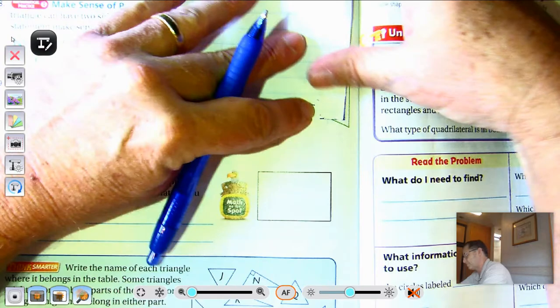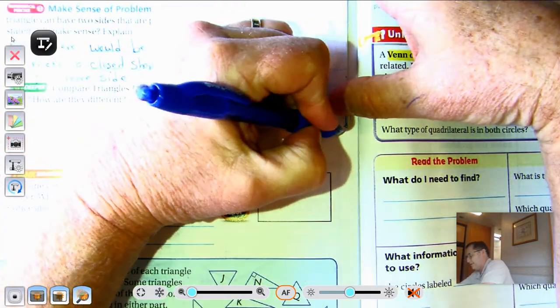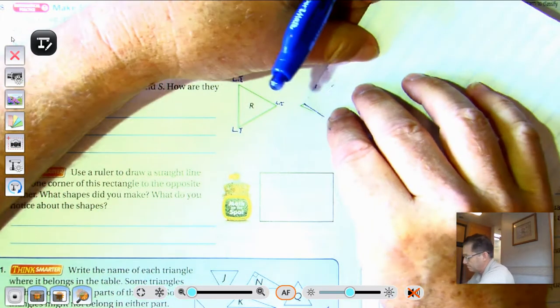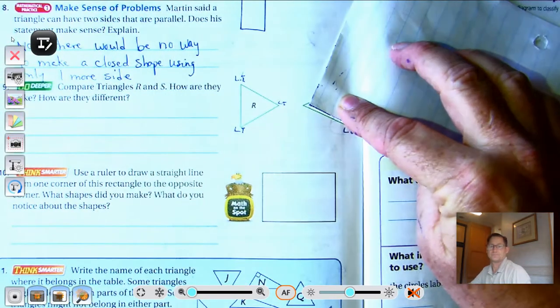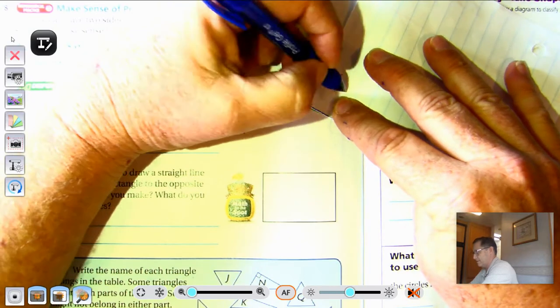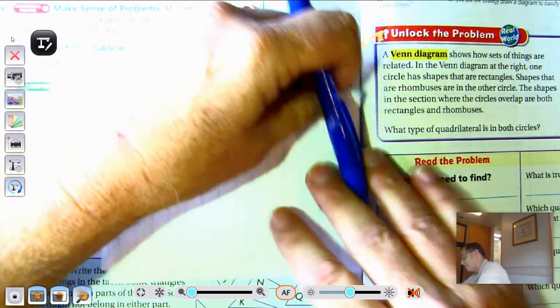S. Okay, well that angle is less than a right angle. This one I can't see, that's less than a right angle. And the last one.